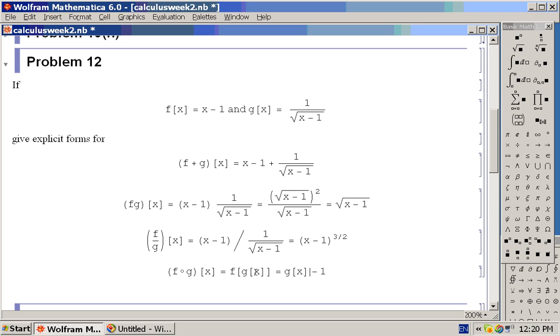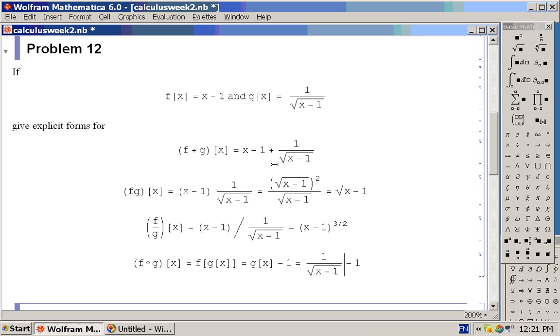And now we put in whatever g of x is, so we copy that. And that's the answer. And all these functions, of course, are only defined provided x is greater than 1. So that's the solution to that problem.